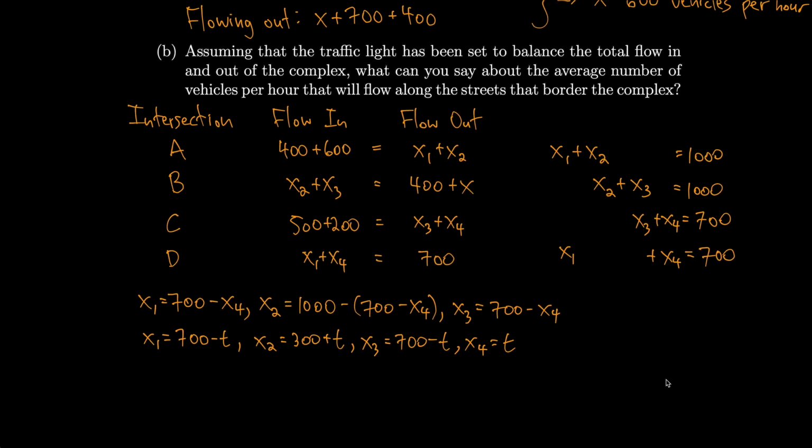So this tells me that, remember that t, like all of the other cars flowing in the intersections, has to be greater than or equal to 0. So that means that the most that x1 could possibly be is 700, and the smallest it could be is 0.